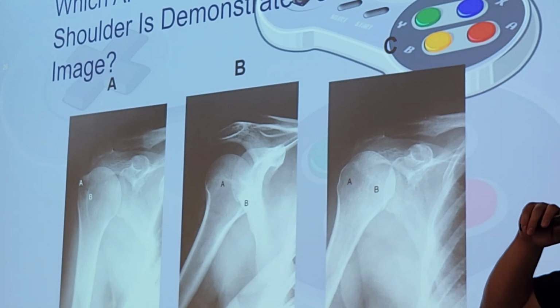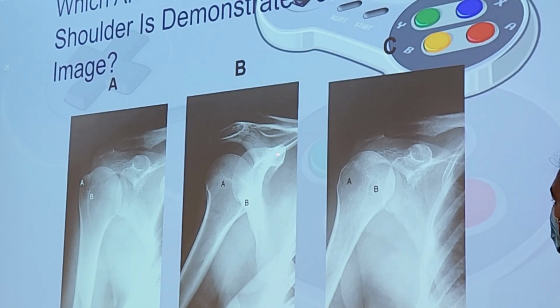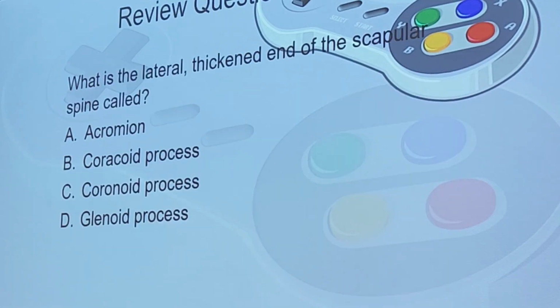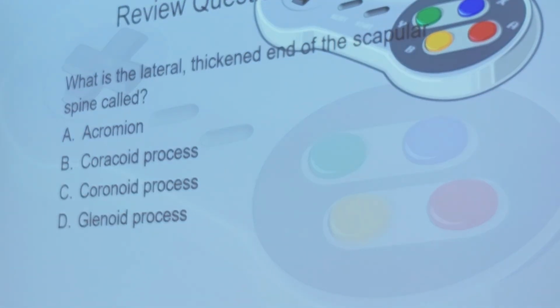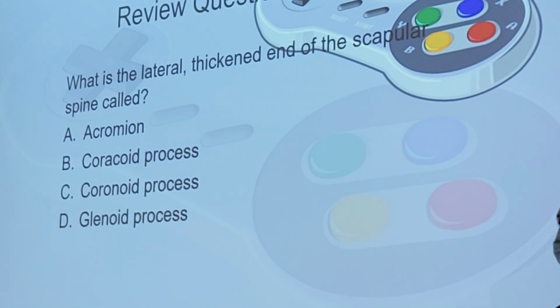And just for fun, what's this here on image B? Coracoid. What's this part? Acromion. Okay. Just making sure. A couple of review questions here. What is the lateral thickened end of the scapular spine called?